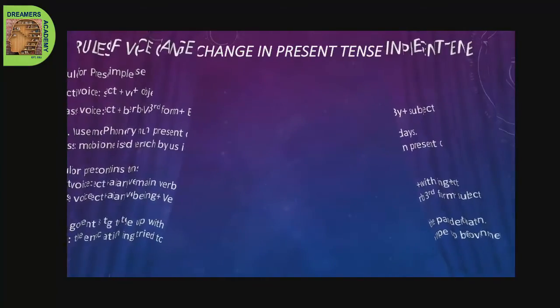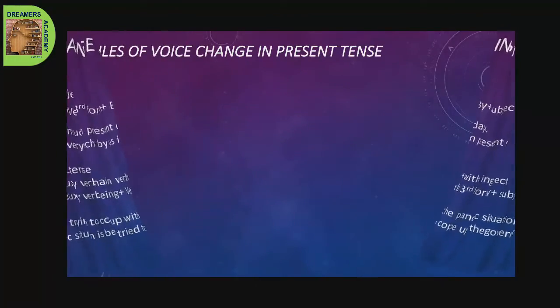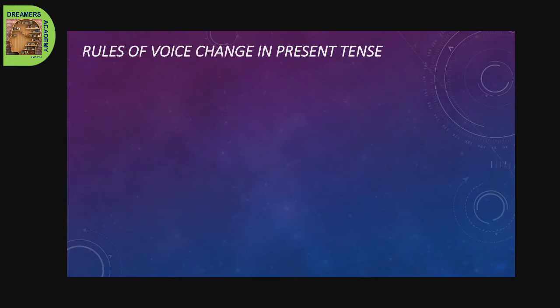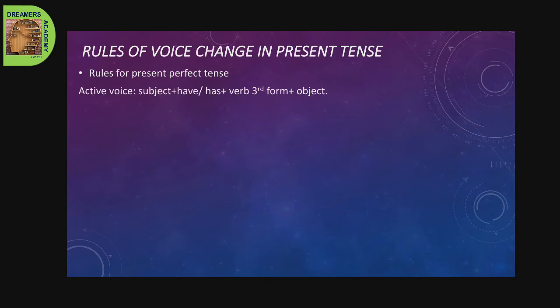Let's come to the next part, voice change of present perfect tense. The active voice rule is subject plus has or have, then verb third form and object, and the passive voice rule is object plus has or have, according to the object, then been plus verb third form plus by plus subject.